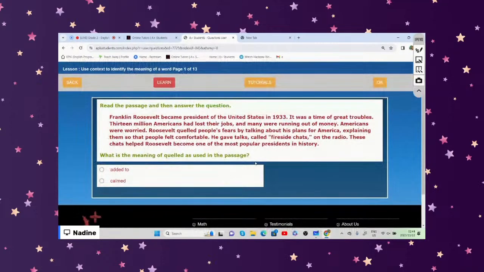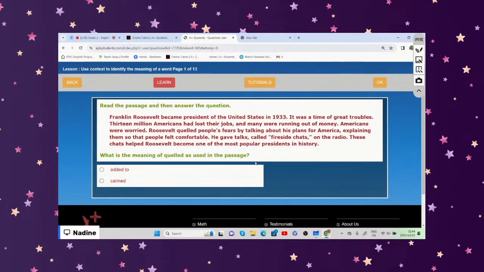Franklin Roosevelt became President of the United States in 1933. It was a time of great troubles. 13 million Americans had lost their jobs and many were running out of money. Americans were worried. Roosevelt cooled people's fears by talking about his plans for America, explaining to them so that the people felt comfortable.